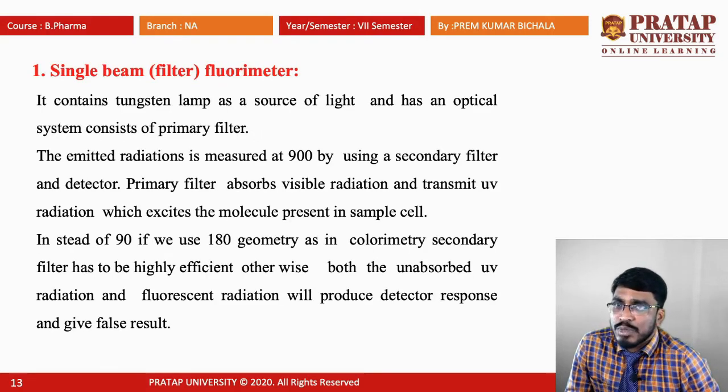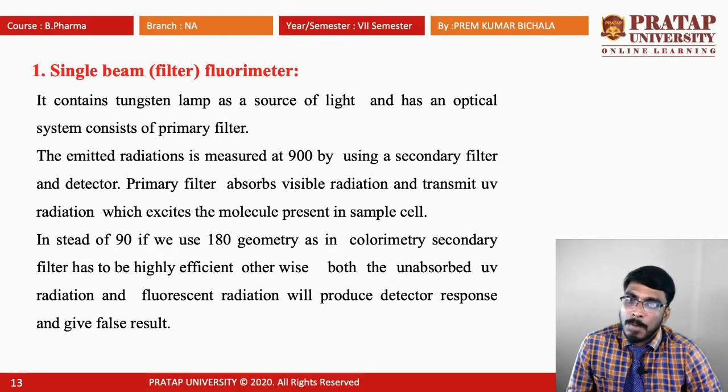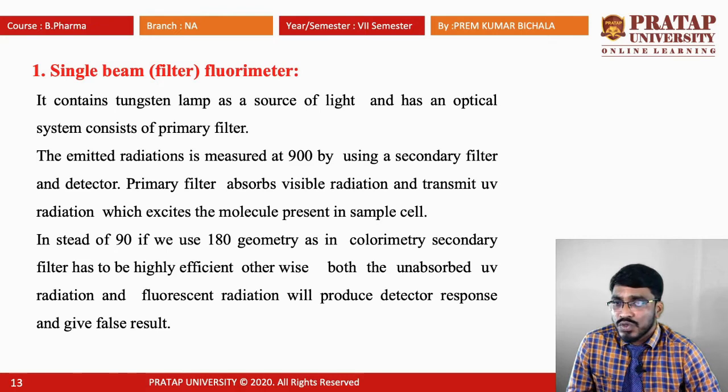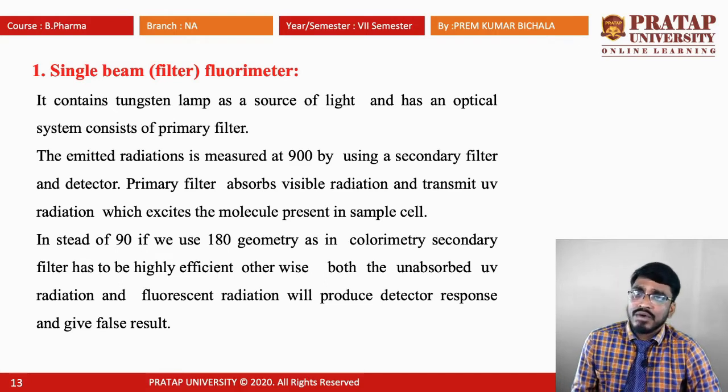So coming to single beam fluorimeters, generally it contains a tungsten lamp as a source of light and has an optical system consisting of a primary filter. Generally, a tungsten lamp can be used in inexpensive instruments where the emission takes place in the visible region.